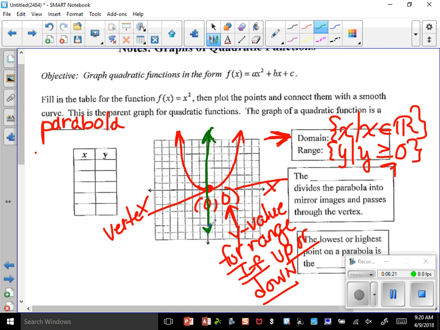So this line right here that divides the parabola into two mirror images, so that means it makes it symmetric, that means one half looks like the other, that is called the axis of symmetry. Axis of symmetry.